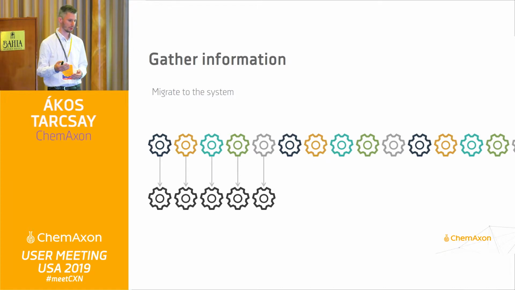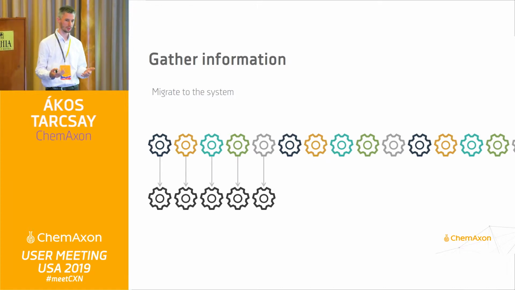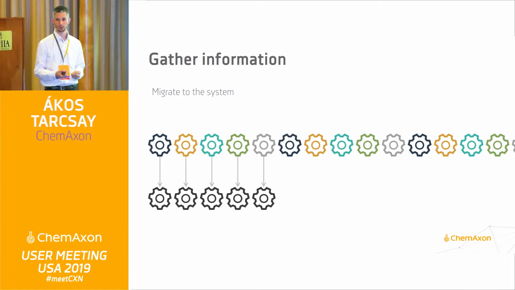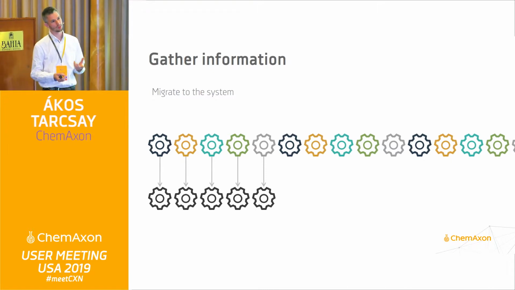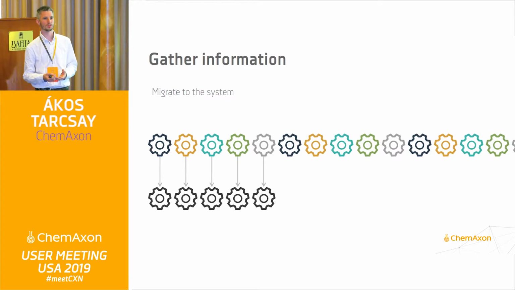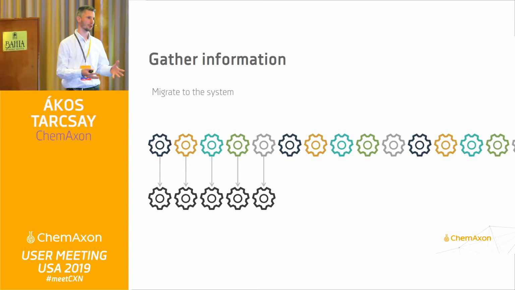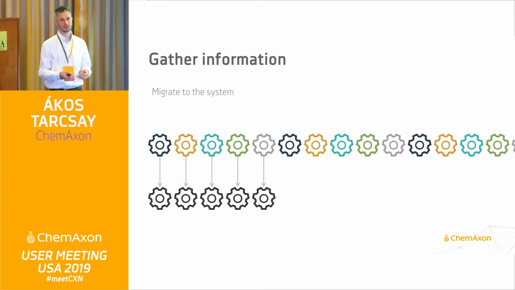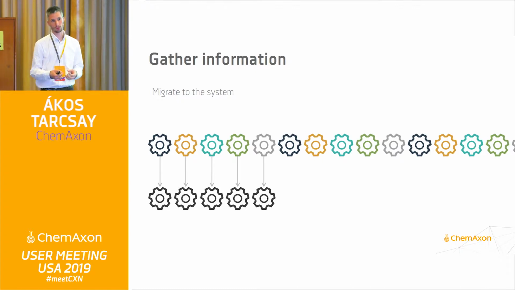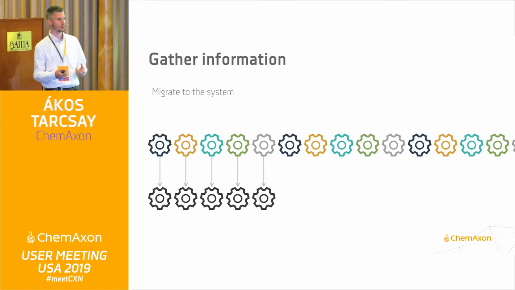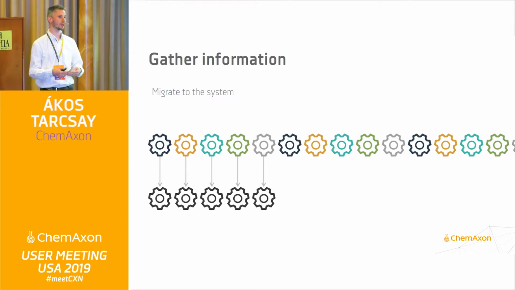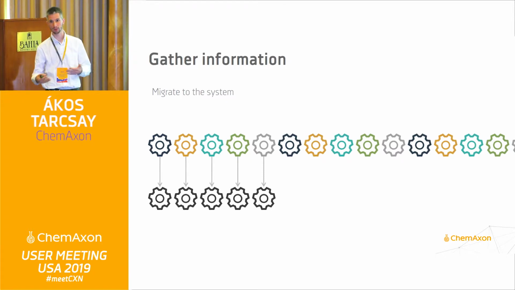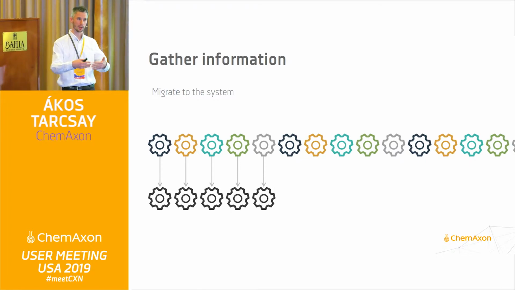And there are multiple ways how these utilities can be accessed in your system. One way can be that you try to reproduce it in another system, like reproducing the same database search within your system, collecting the same information, or redoing the models within your system. Like if you have Pipeline Pilot or KNIME, you can develop your own workflows, and then everything will be in the same software package.